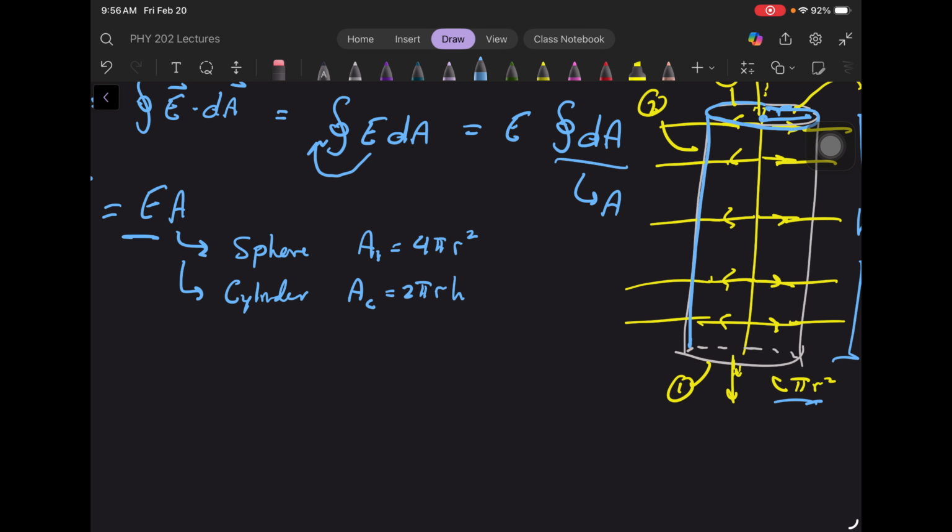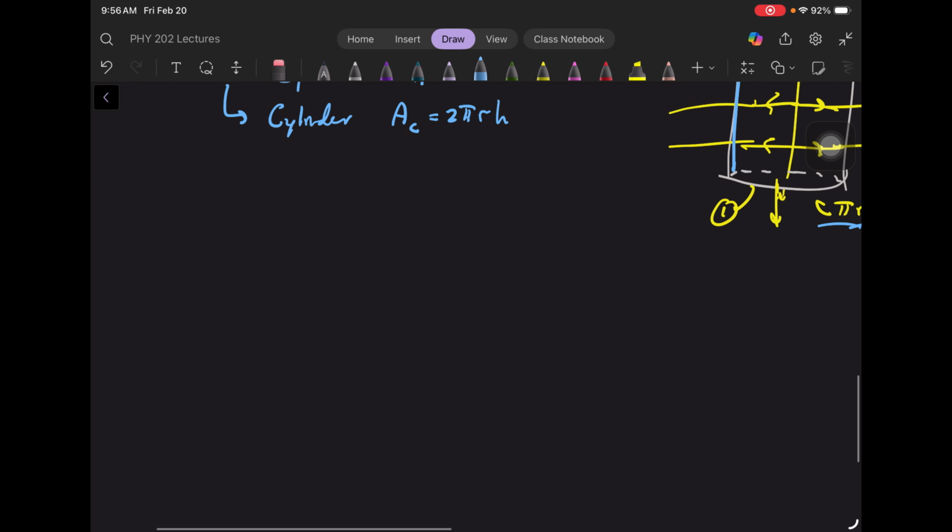Okay, and so what Gauss's law actually says is epsilon naught times the flux, I'm going to put an E down there just so we know, is equal to Q enclosed.